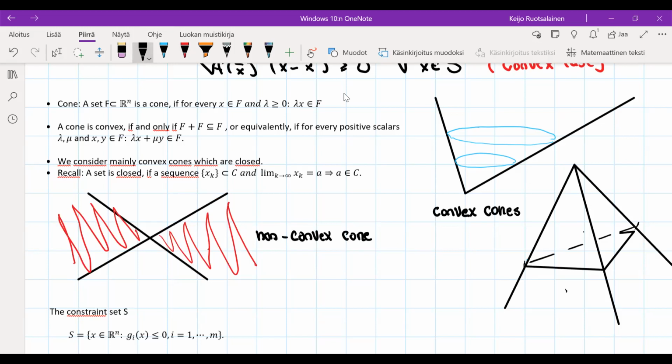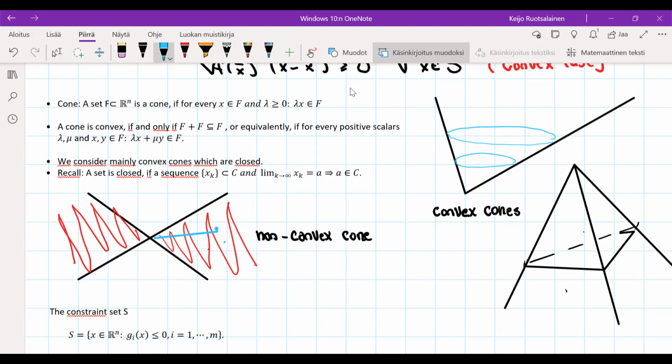So here is the same. If you take any point here and you join this one, for example, you join this one to the origin, then of course you can carry out anywhere.